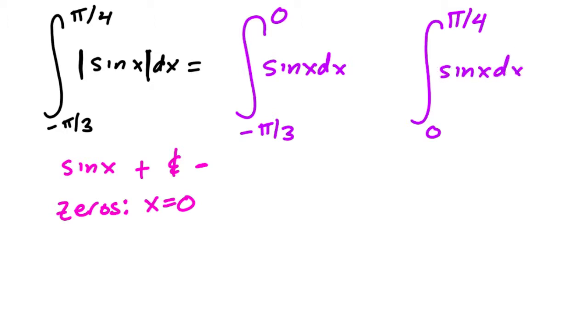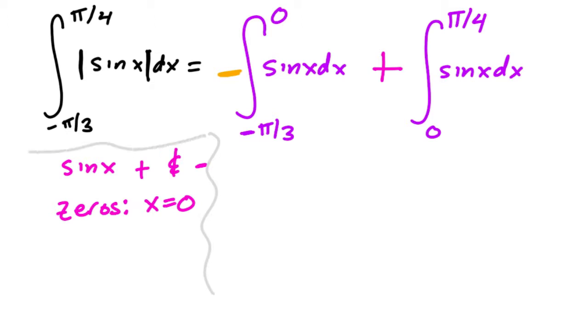Whichever one of these intervals sine is negative, that one you're going to multiply by a negative. So since sine is negative from negative pi over 3 to 0, you're going to add a negative on the outside of that to make it positive, and then this one's going to be positive because it already is positive.